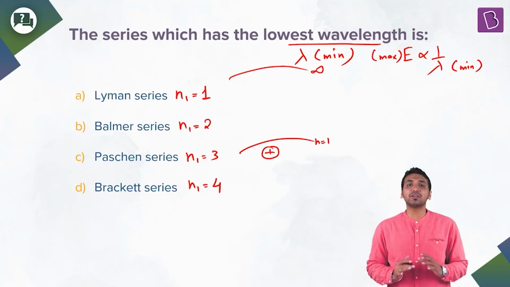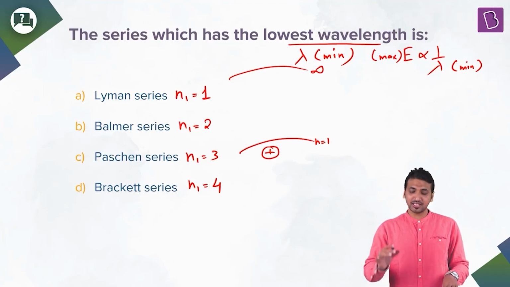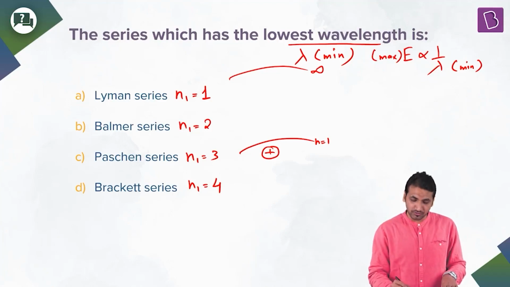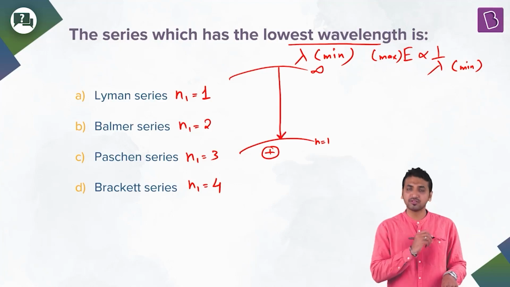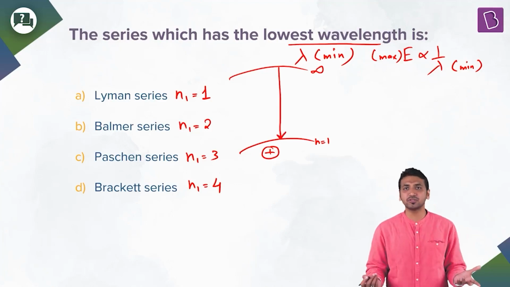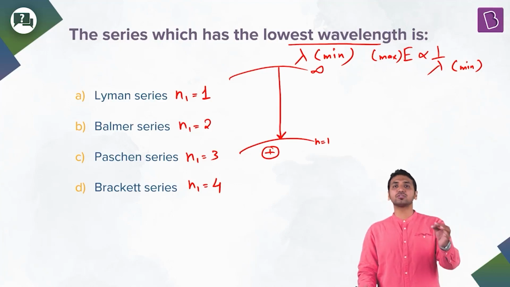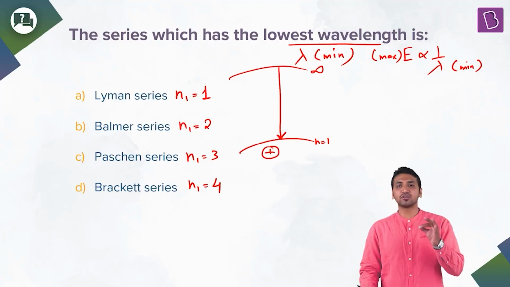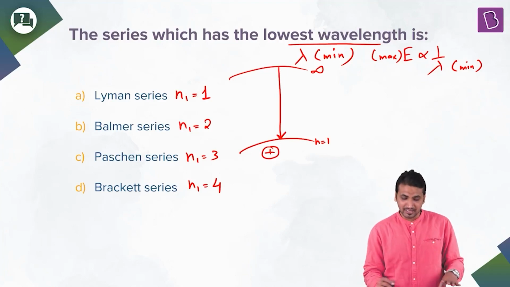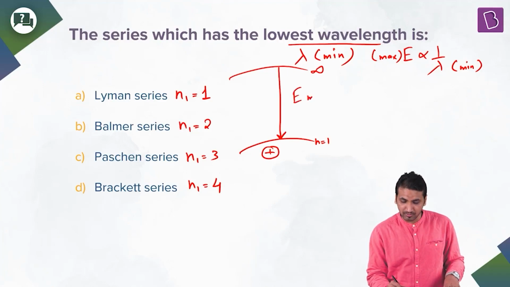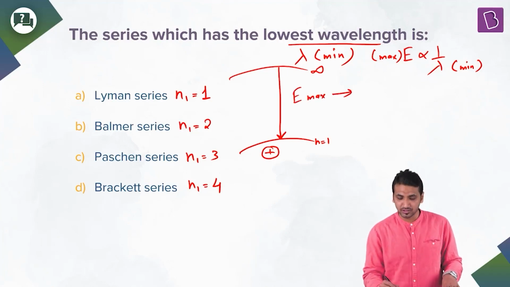For maximum energy, the electronic transition should be from infinity to the first shell. This is the maximum energy possible in a hydrogen atom or hydrogen-like atom. So the electron should move from infinity to the first shell, then energy is going to be maximum, and you will have the lowest lambda possible.